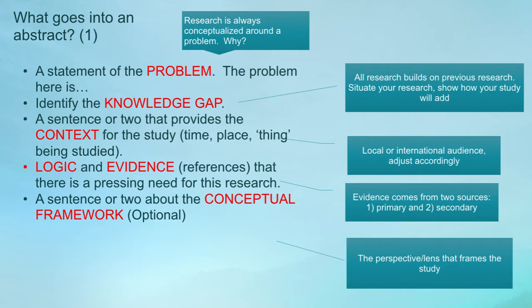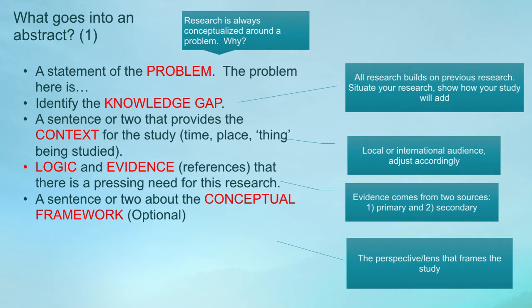What I mean by logic and evidence here is that any research project carries its own internal logic. So the order that you would create this abstract out of will change depending on your particular project. To give you an example, if your project is premised on a real world problem, perhaps there was a riot of some kind or protests of some kind in a particular year, then you might want to begin your abstract with that real world problem.